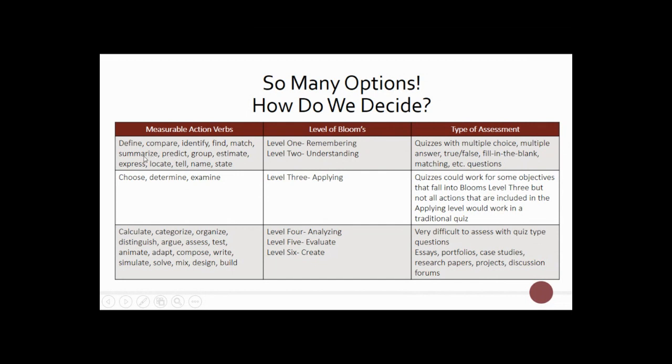Now, if you'll look inside that list, one of those options is summarize. Now, sometimes you can address summarize or summarizing with a question type, like a quiz type question. Other times you can't. So if I want to talk about an example, say I read an excerpt from, whether it's a poem or a story or something that I might read in an English course or even in a science course.